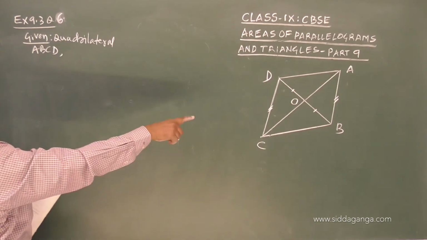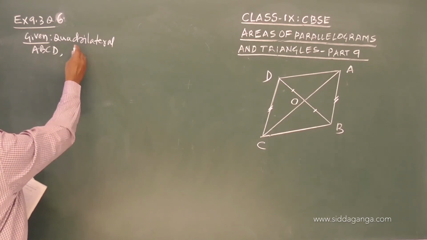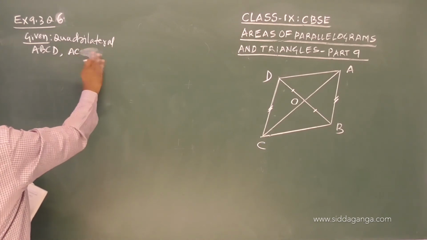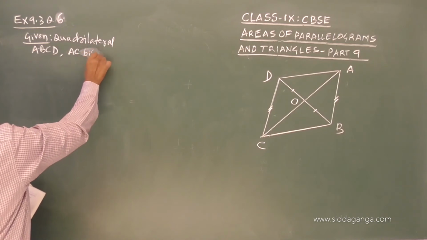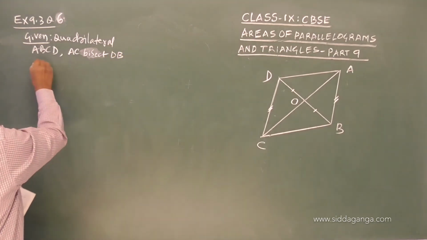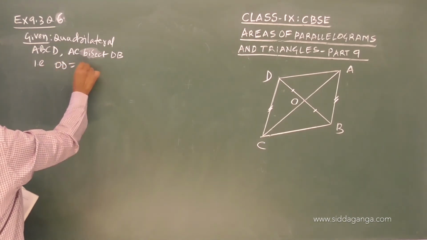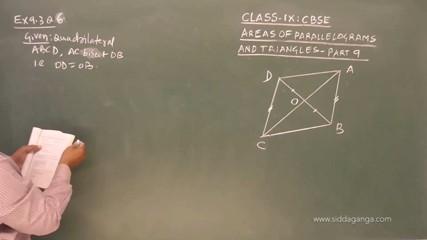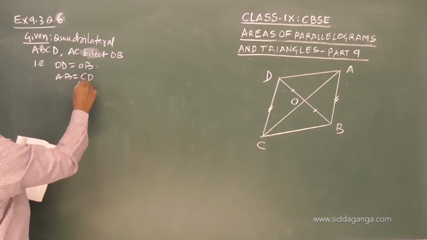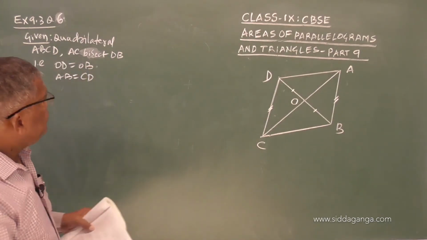So, AC bisects DB, that is OD equals OB, and one more data is given, AB equals CD. So, these two sides of the quadrilateral are equal. That data is also given.